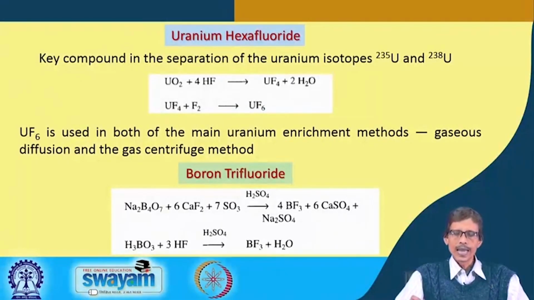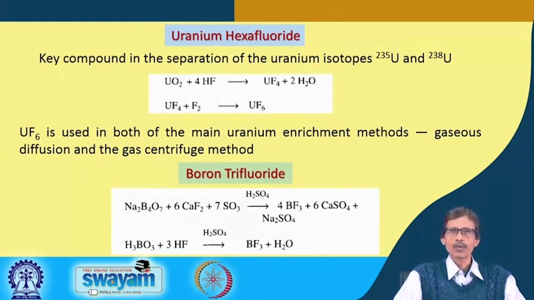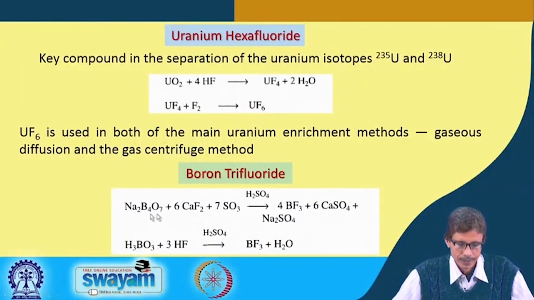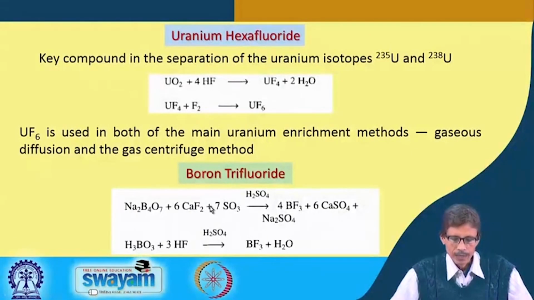So, this is typically an acidic medium reaction, where the boron present in the borax will react with the fluoride available from calcium fluoride to give you the boron trifluoride. So, basically some kind of simultaneous double metathesis reaction is happening. So, calcium fluoride is giving you the boron trifluoride basically.